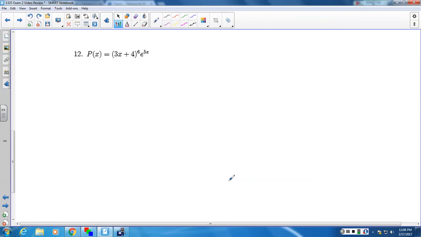And number 12. It said don't simplify this one at all, but we're going to simplify just to practice. I know you're excited. So this is a product. That's part 1. That's part 2. So I'm going to use my product rule, 1d2 plus 2d1. Taking the derivative. 1, I'm just going to write down my 1 term. d2, I'm going to take derivative of my 2 term.